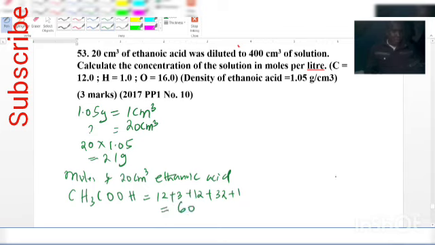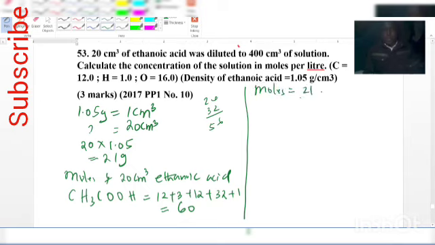So the RFM of ethanoic acid is 60. Moles is equal to mass, which is 21, over 60, the RFM, and this will give us 0.35 moles.